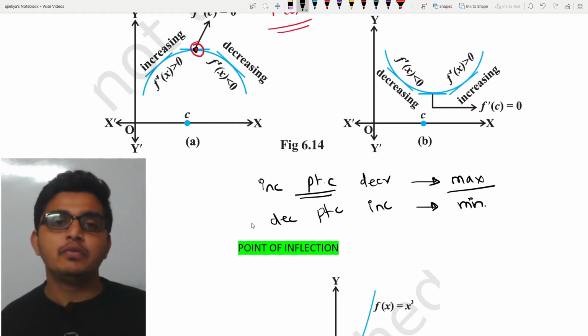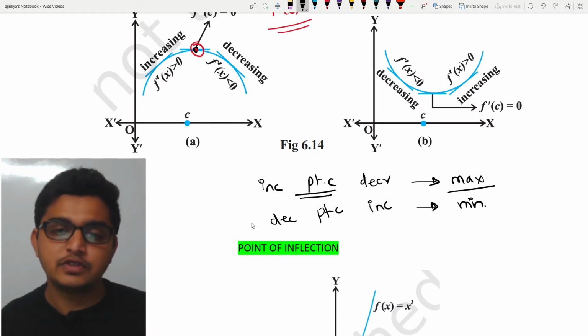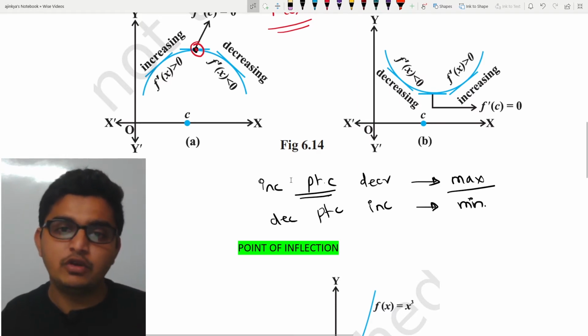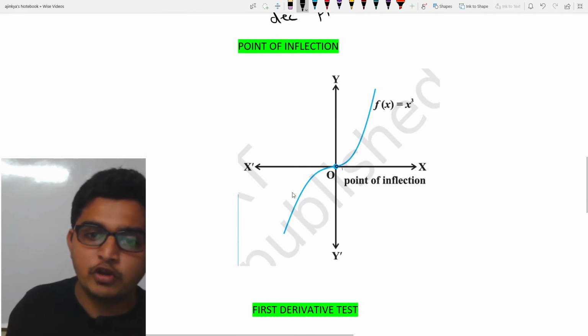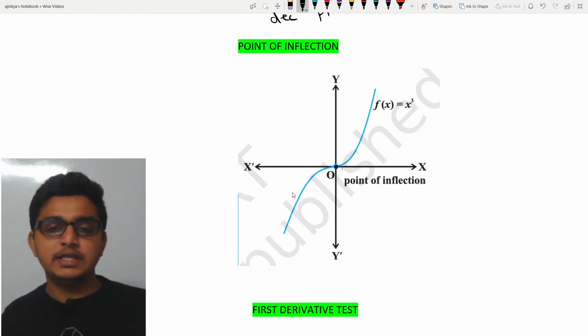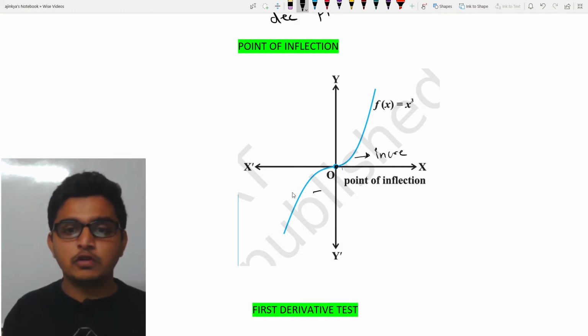But what if we don't find these types of natures of graphs towards the left and right? Then we have a point of inflection. So what is a point of inflection? If you properly see, in this case towards the right the function is increasing, isn't it? But towards the left also this function is actually increasing, isn't it?